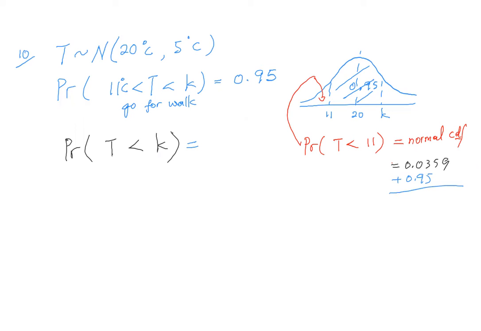So to get K, you just use inverse norm, 0.9859, comma 20, comma 5. Do you get the answer?